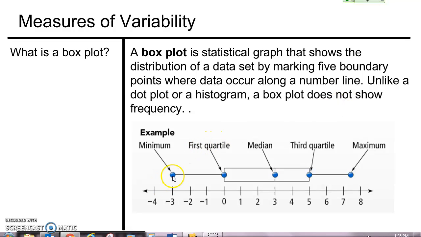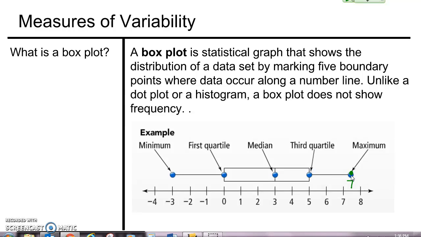The first point on a box plot is called the minimum. This is the smallest number in your data set. On the other end, the last point from your box plot is called the maximum. This is the biggest number in your data set. If you were given a box plot and asked to find the range, you would look at the box plot and see what is the maximum, which is right here.